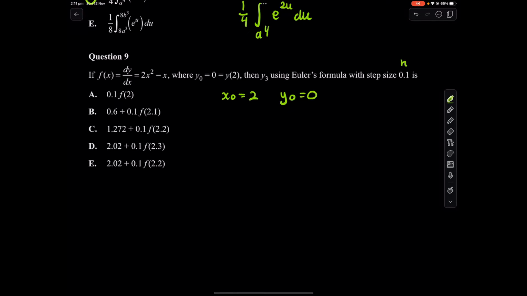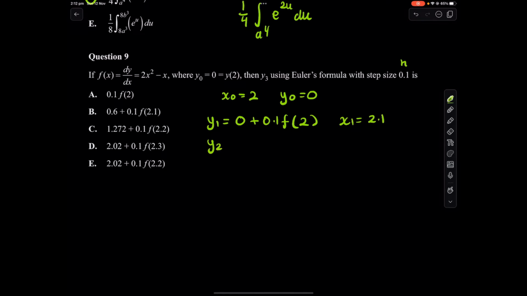So y1 is what? y1 is y0, which is 0, plus your step size, which is 0.1, times your f, which is the derivative, so f of your x0, which is, in this case, 2. Okay, perfect. That's your y1, and then your x1 is just 2 plus your step size, which is 2.1.